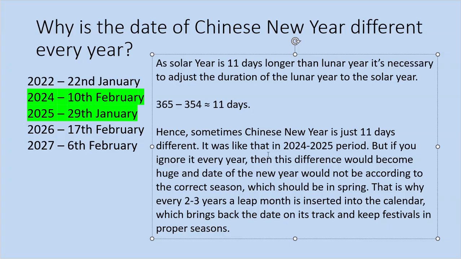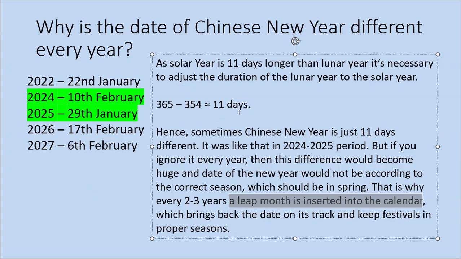But if you ignore this change every year, then this difference would become huge and the date of the new year would not be in the correct season, which should be spring. You know, it's called Spring Festival, Chunjie. That's why every 2-3 years a leap month is inserted into the calendar, which brings the date back on track and keeps festivals in the proper season.